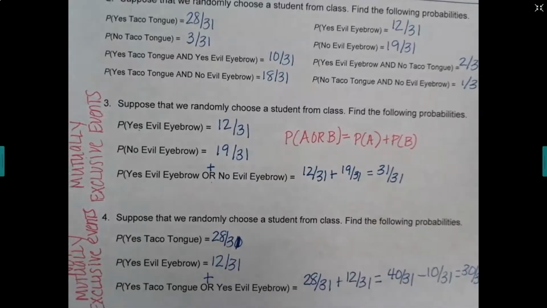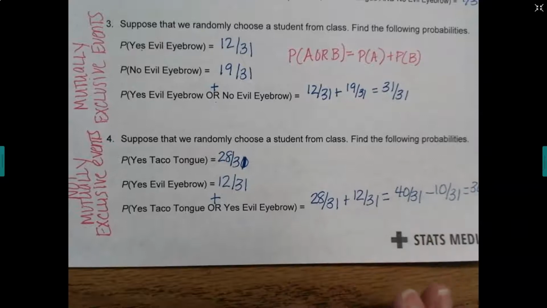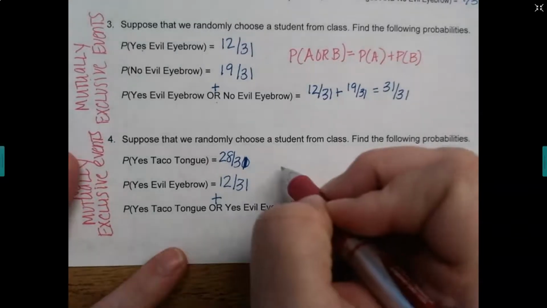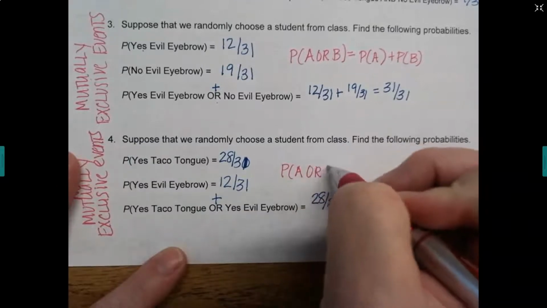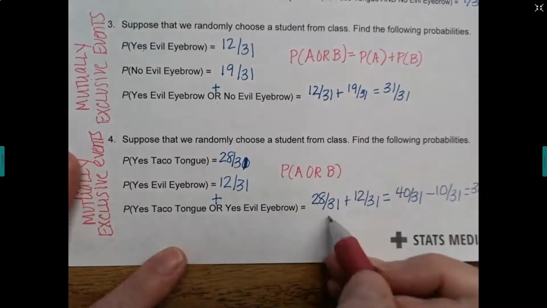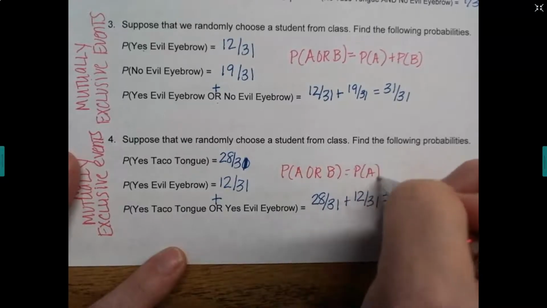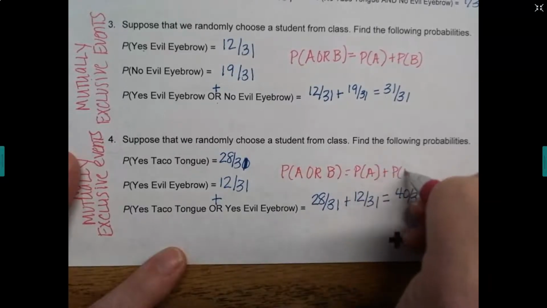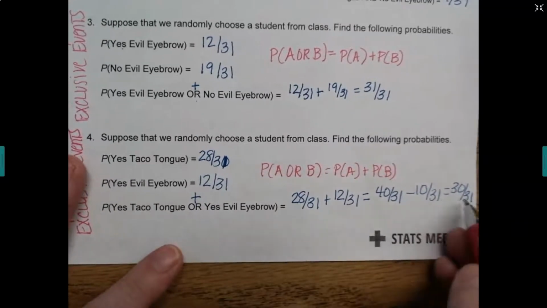It's no problem. Okay, however, the general addition rule for not mutually exclusive events, we start off the same. We're still asking the same thing, the probability of A or B. And we still did the same thing. We took the probability of A and we added it to the probability of B. However, we had to subtract off where they occurred together.